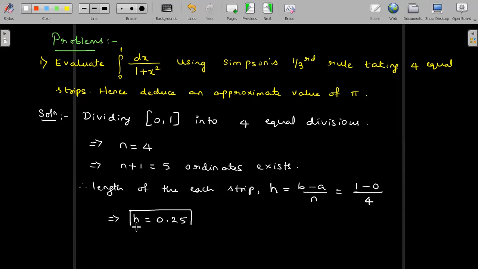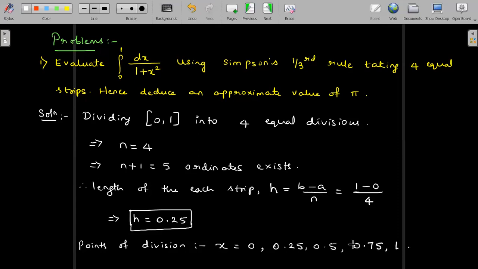So the points of division: we have to divide x into 4 equal parts, and for that we will be in need of points of division. So the points of division are x varies from 0, starting from the lower limit in steps of 0.25, until we reach the upper limit.